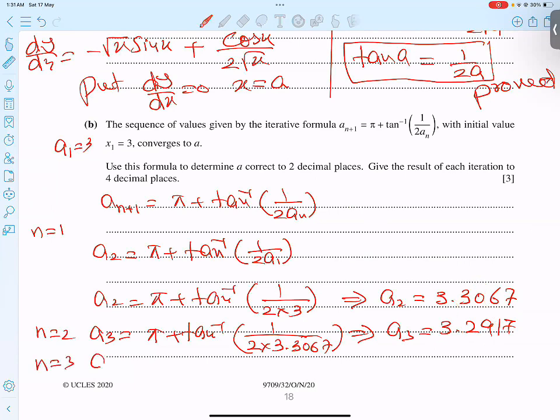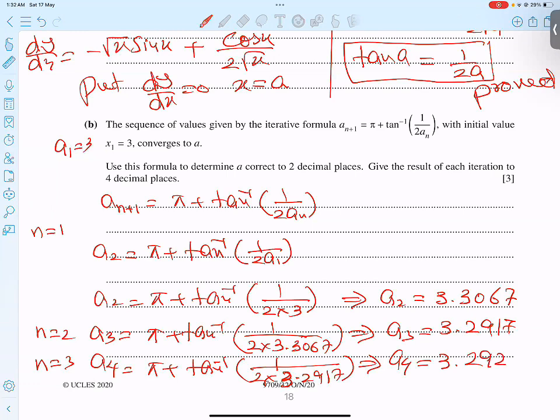So a4: tan inverse 2, and this value is coming in the place of it. 3.2917. The a4 value is coming with me as 3.2923. It starts repeating, so one last time I check it, maybe it may be more round.